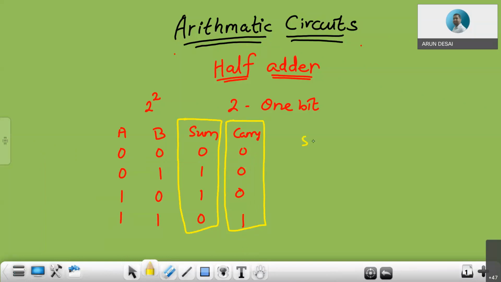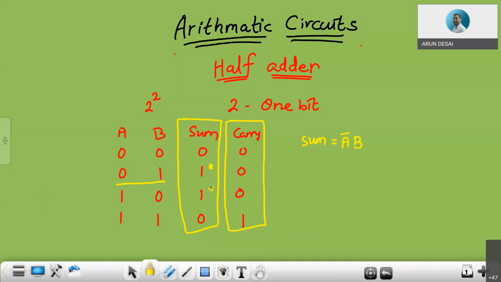So for sum, the expression is like this: when it is true, the second row is where the value of sum is true. So A complement B, right? In that case, the value is true.